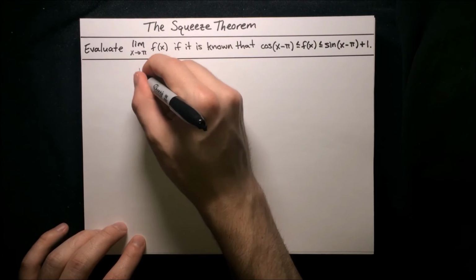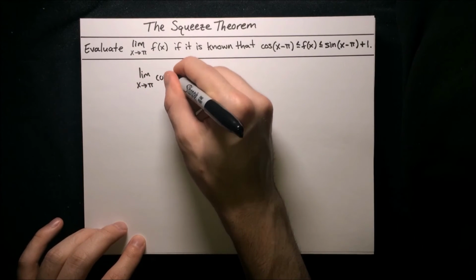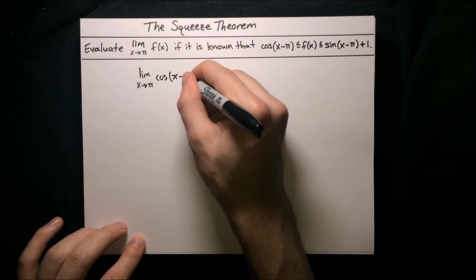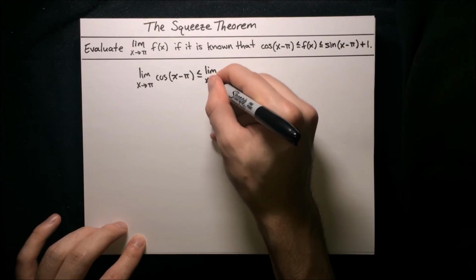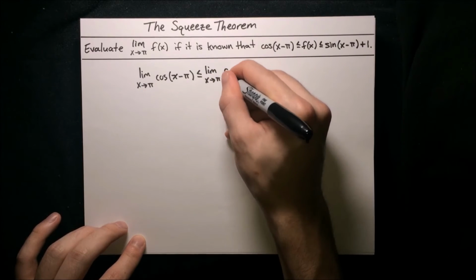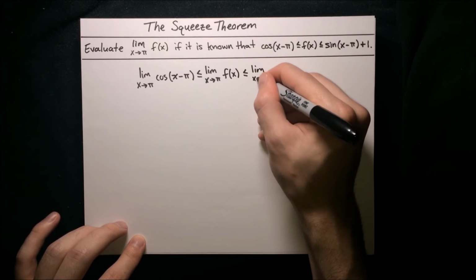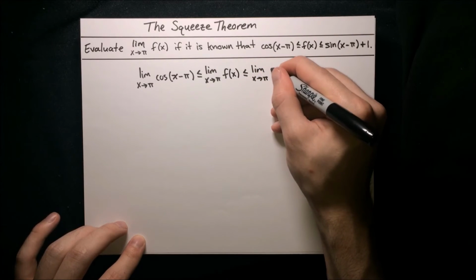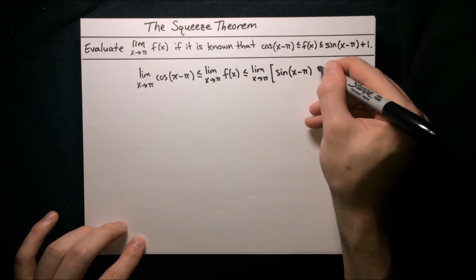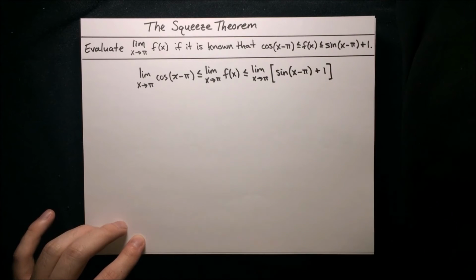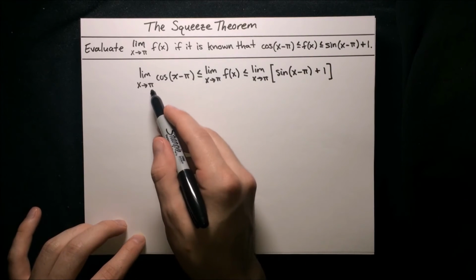So we've got the limit as x approaches pi of cosine of x minus pi is less than or equal to the limit as x approaches pi of f of x, which is less than or equal to the limit as x approaches pi of the whole expression sine of x minus pi plus 1. Now we can go ahead and compute these limits just by direct substitution. Just substitute in that pi for the x here.